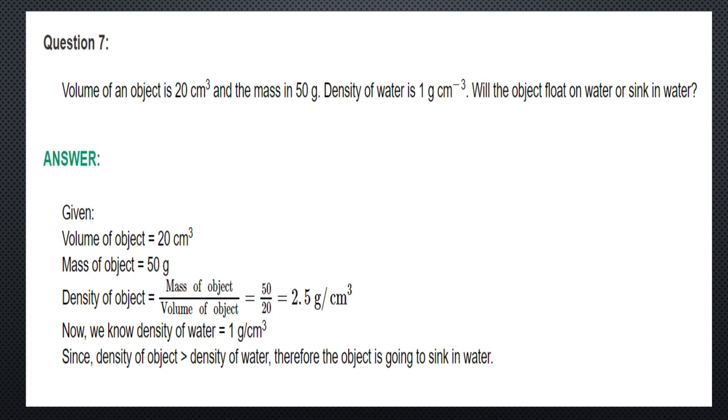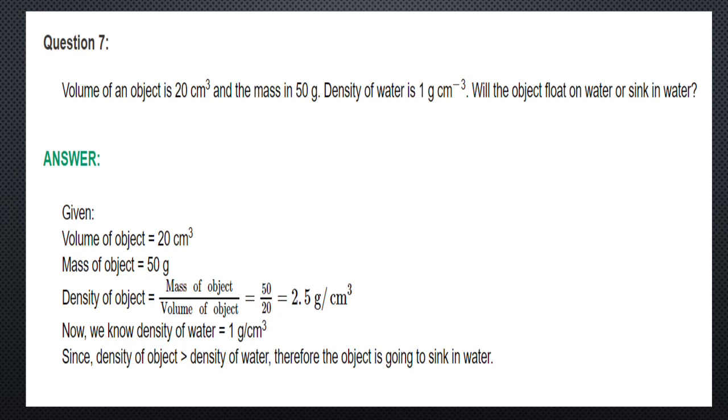So here you have to find the density first, because you all know, the substance whose density is more than water will always sink in the water, and the substance whose density is less than water will always float on the water. So to find the answer, we have to find the density of that object. If the density of that object is more than the density of the water, then the object will sink, and if it is less, then the object will float.